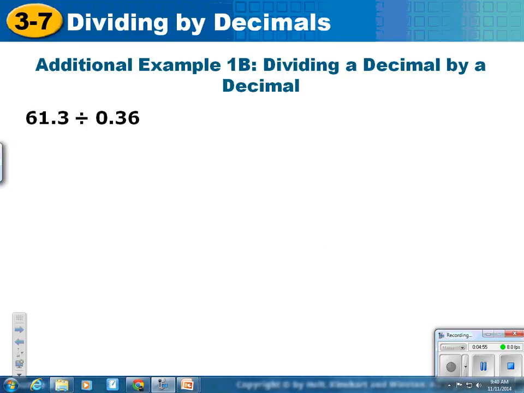Okay, so most of you should have this. 61.3 divided by 0.36. Tell me, how many places over? Don't do anything more than this, please. Don't start getting into it because you're going to end up getting really upset.